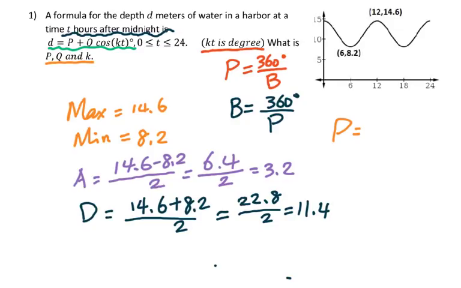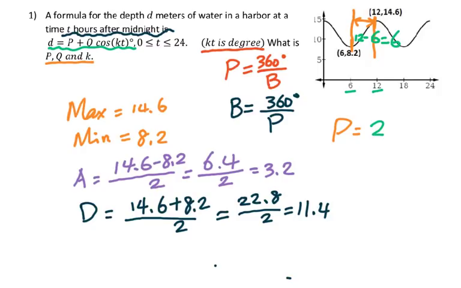Now let's go to period. For this given graph, the minimum value and the maximum value, we are only given once. So we get the horizontal distance between these two. That will be 12 minus 6. We take the x coordinate equals 6.